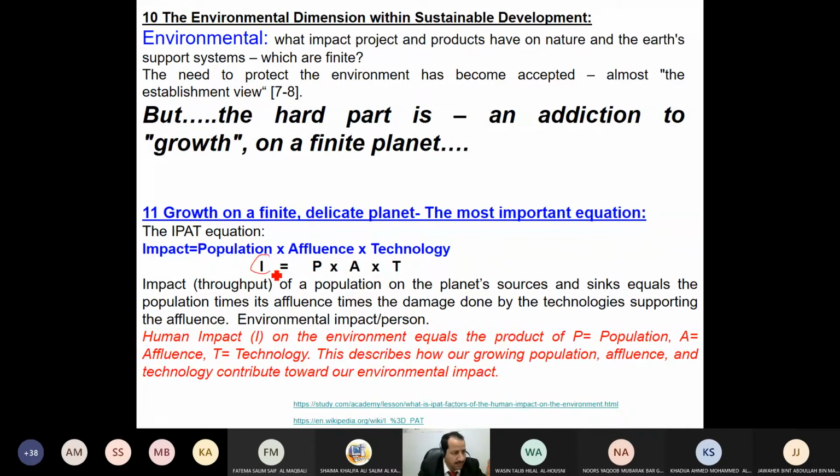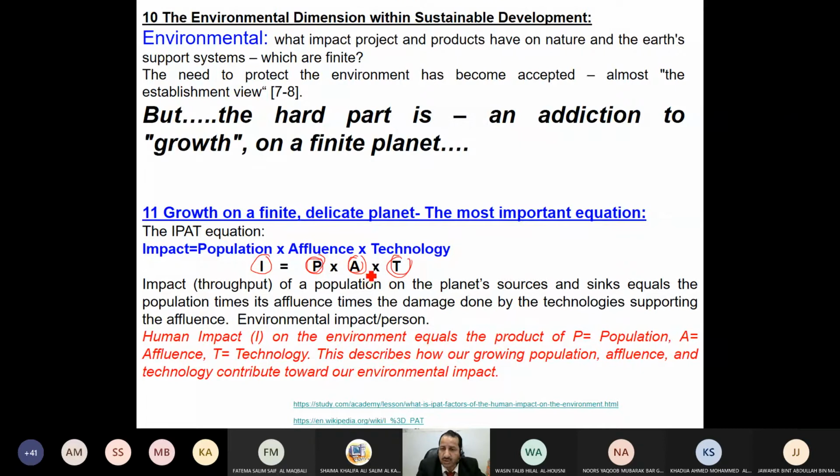Okay, IPAT: I for impact, P for population, A for affluence, and T for technology, which tells me that for our project, whatever project or problem we solve, to measure our impact on the environment, we can do it by multiplying the population, the affluence, and the technology.